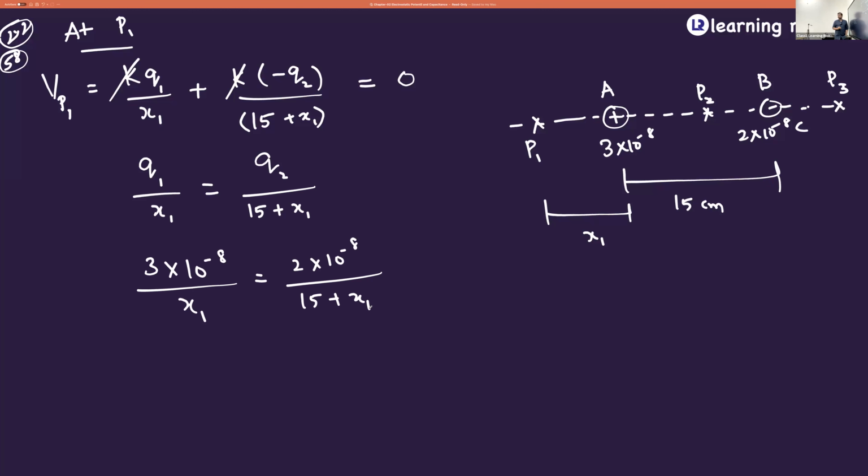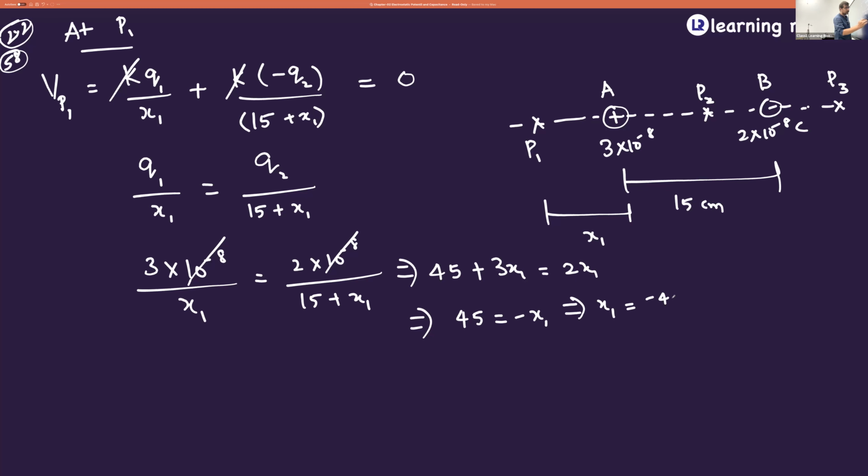I didn't take the minus sign here because I've already taken it earlier. So 10 power minus 8 and 10 power minus 8 are gone. When you cross multiply, 3 into 15 gives 45 plus 3x1 equal to 2x1, which implies 45 equals negative of x1. So what does this imply?